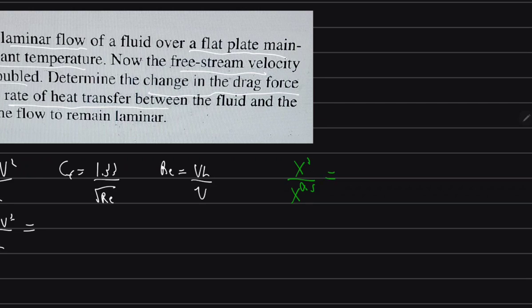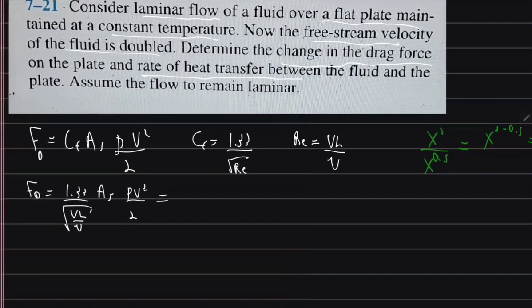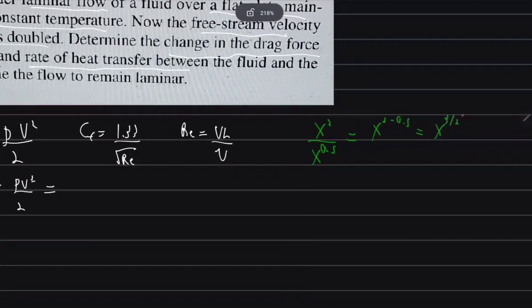When we divide exponents, we just subtract them: x squared minus 0.5 gives x to the 1.5, or 3/2. So when we clean this up, this will be v to the 3/2.